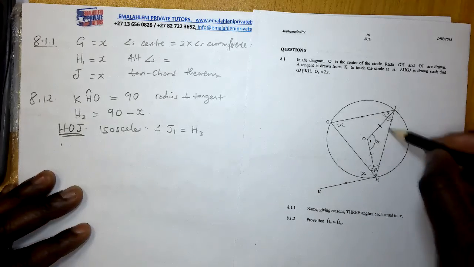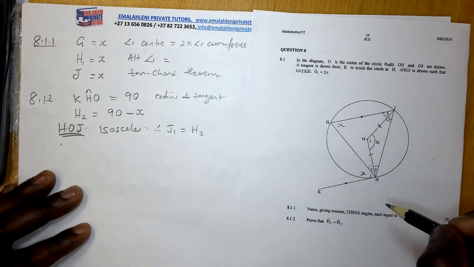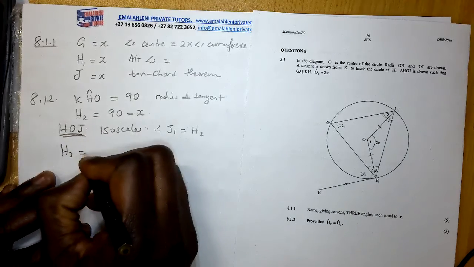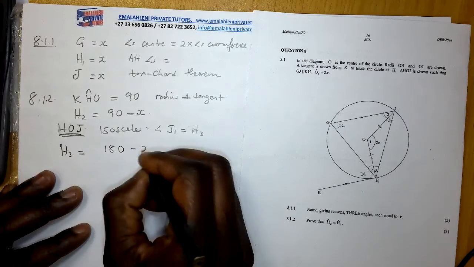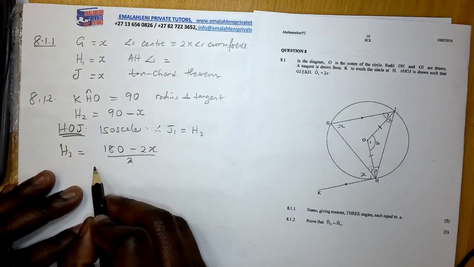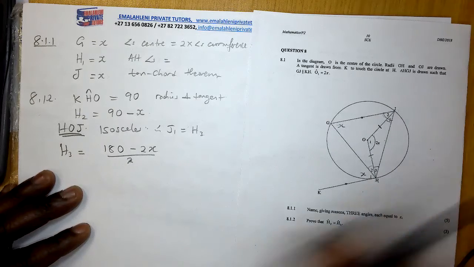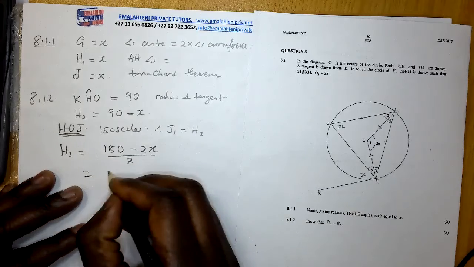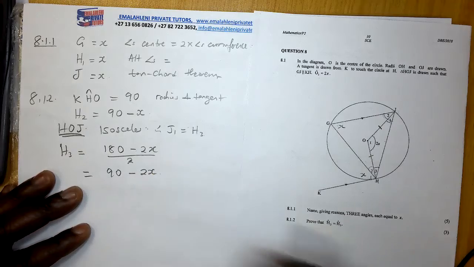Since the sum of interior angles of a triangle is 180, if we add O plus J1 plus H3, we get 180. So H3 is going to be equal to 180 minus 2x, divided by 2. Why are we dividing by 2? Because H3 and J1 are equal. And if we divide by 2, 2 into 180 we get 90, and 2 into 2x we get minus x. It's going to be minus x here.